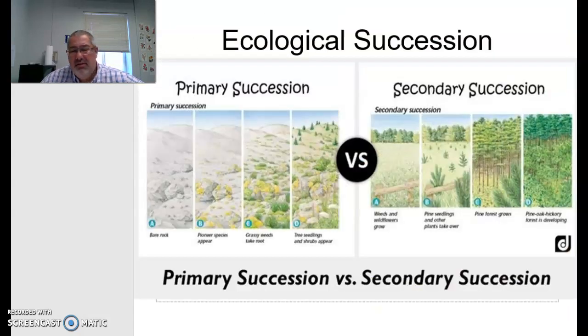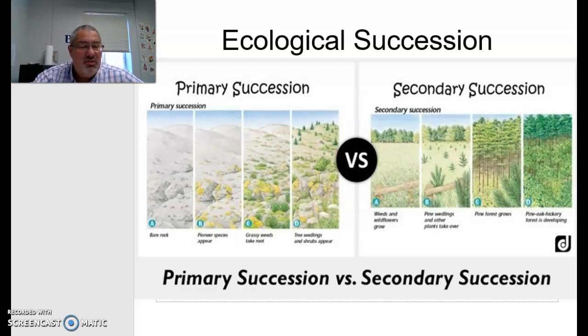So if you have a piece of land or a bare area that has never supported plants, different plants and animals tend to prefer different habitats. And we refer to the change of one group of plants and animals with another group of plants and animals as succession, ecological succession.